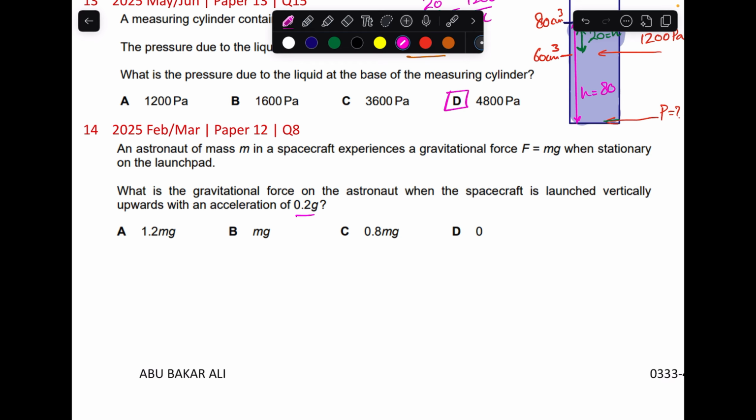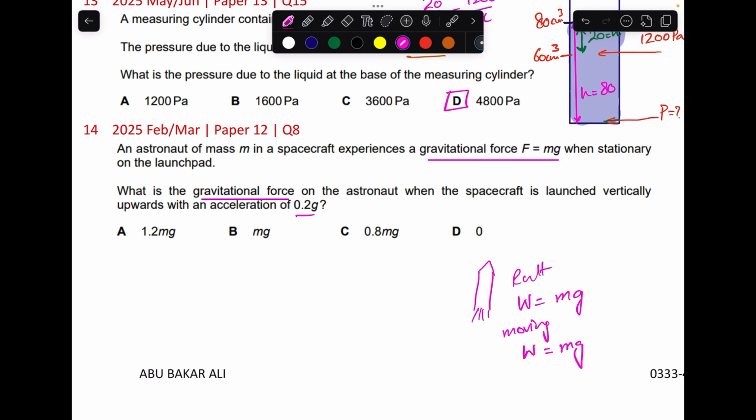Okay, so what you have to tell is the gravitational force. Initially it was mg. If the spacecraft is at rest, its weight will be equal to m into g. Now it is moving, again its weight will be mg.